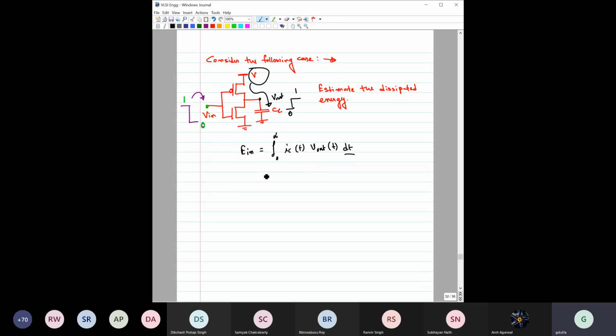Then what is the current flowing through a capacitor? What is V out? Maximum voltage. This maximum voltage is going to be this V only.